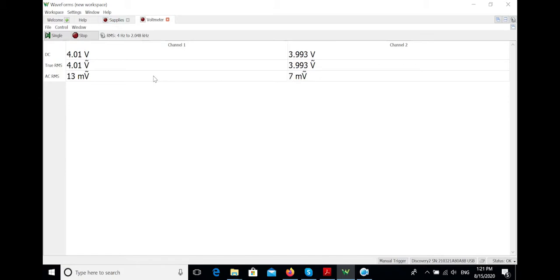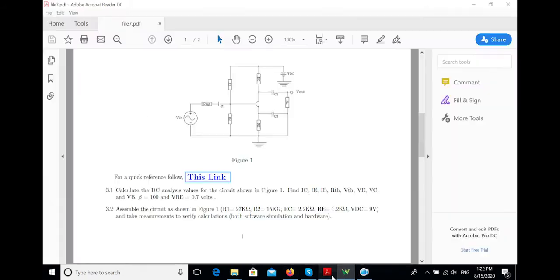So the orange one without the strip goes to the emitter, and I'm going to connect the blue one, or the channel 2, to the collector. As I said, the orange is going to the emitter and the blue is going to the collector, and you can see that it shows the values.